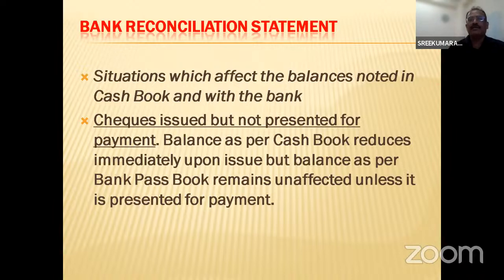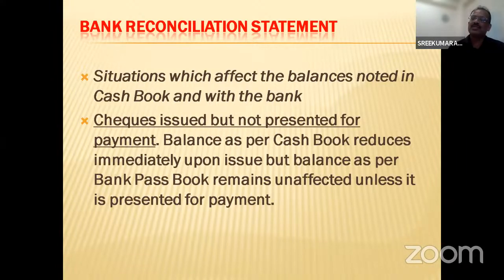This can happen especially during the month end. On 31st March, or for that matter 30th April, if you issue some checks to some firms, in your cash book the expenditure has come. Naturally, when expenditure has come, the closing balance definitely comes down. But the firms or the persons present those checks to the bank only after a week.